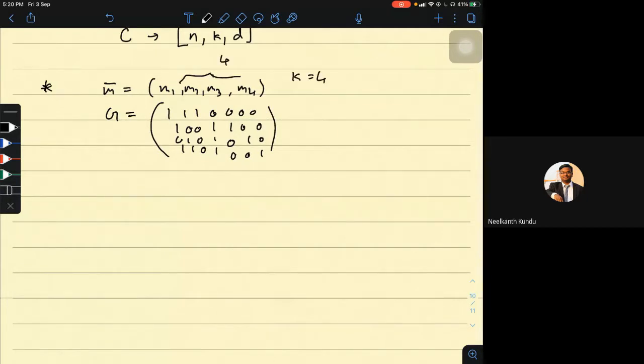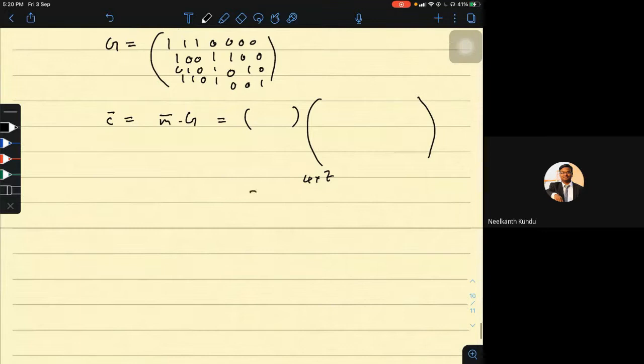Now I claim that the code word can be given by the message vector times this matrix. This is the message vector and I have a matrix of dimension 4 times 7. So what this matrix product gives me is a 7-bit string.